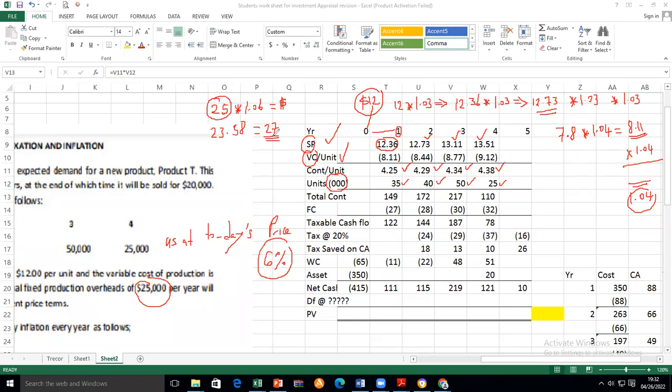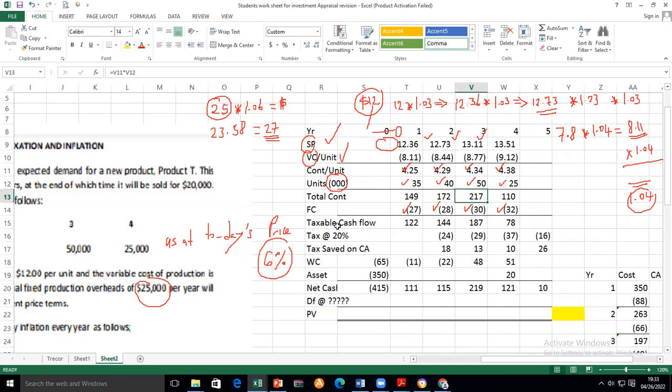Okay, so these are our fixed costs here. You continue to multiply by 1.06. Remember, we have dropped 3 zeros, that's why our numbers are small. So up to this point, what do you call the figures that you found? What we found is the taxable cash flow, or the cash flow before tax.